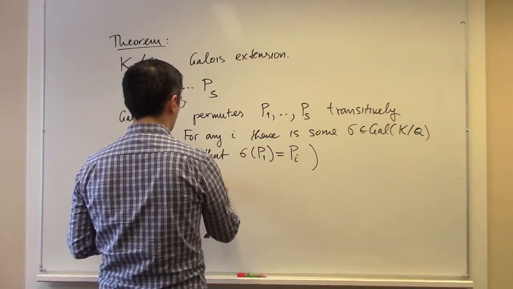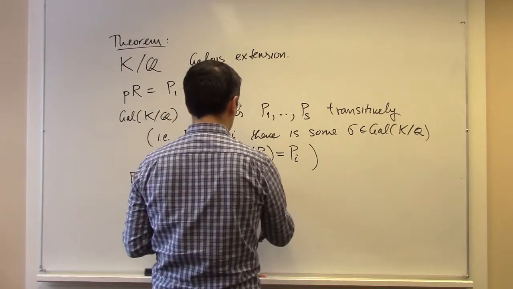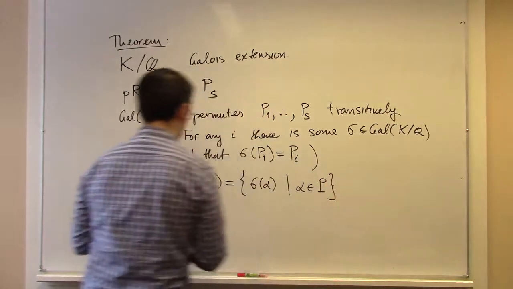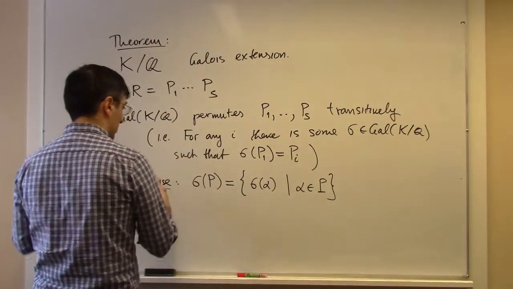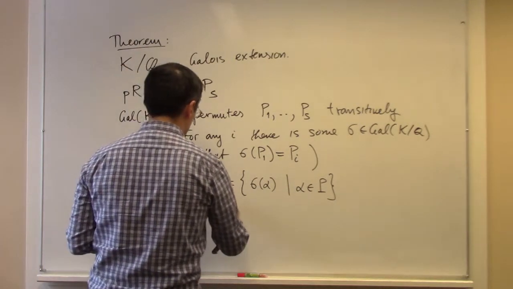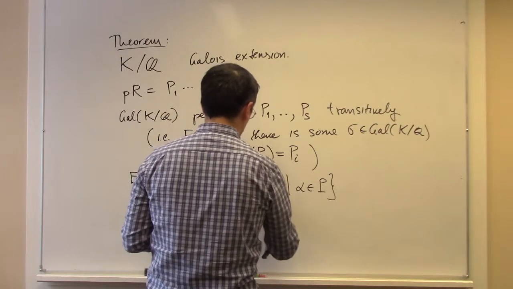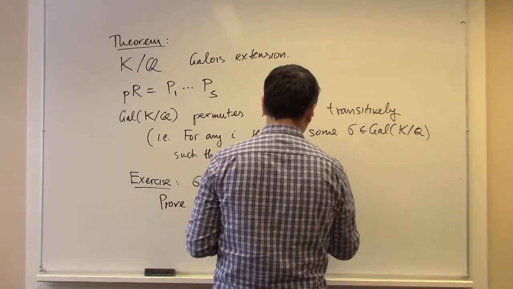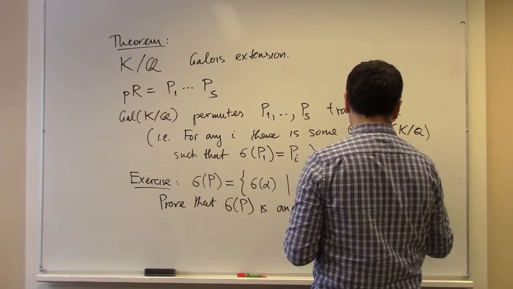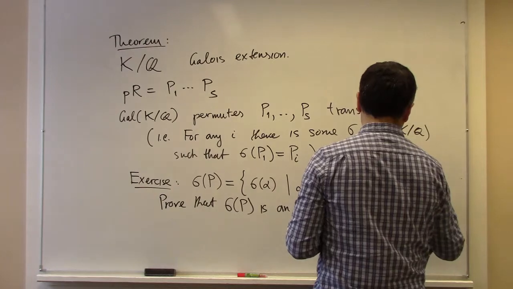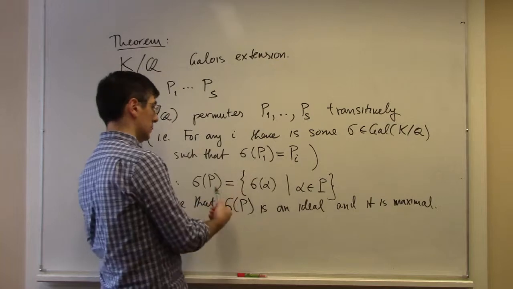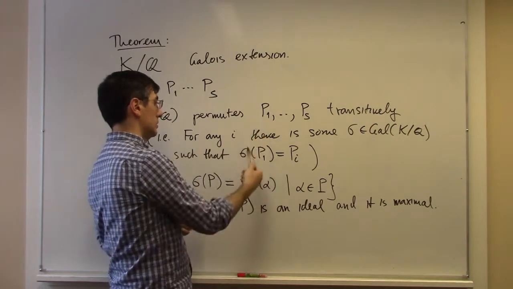So sigma P consists of sigma alpha for alpha in P. Prove, or rather convince yourself, that sigma P is an ideal and it is maximal, assuming P is maximal.